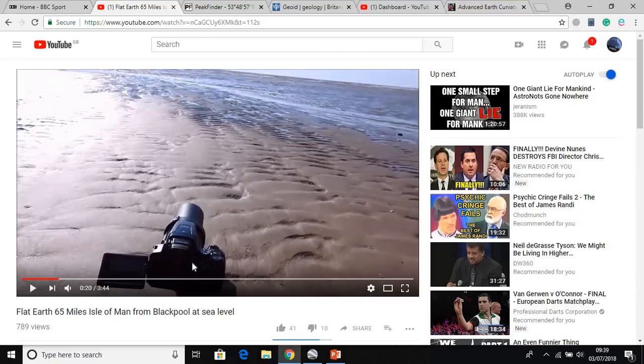I imagine they would be sensible and have it up on something an inch or so just to protect the camera itself. You can see that the sea is pretty close by here. It's not very far above the level of the water, but is a little bit above it. I don't have a big issue with camera height. It's about as close to sea level as you can get.